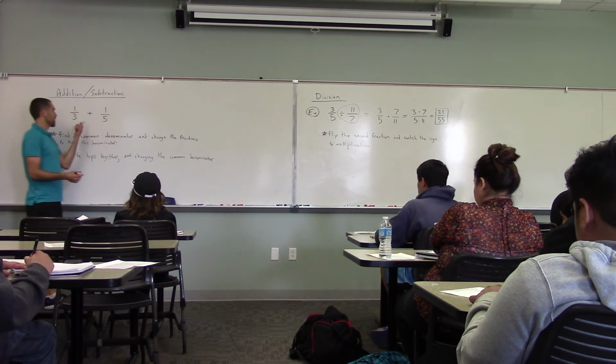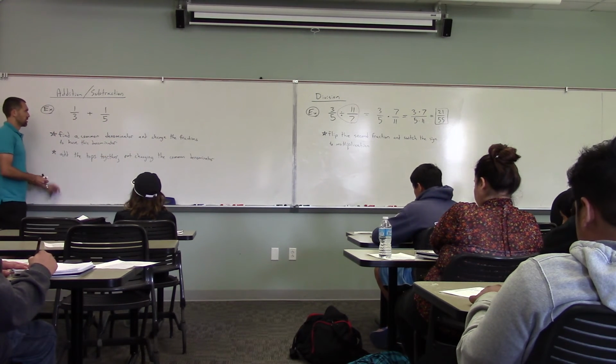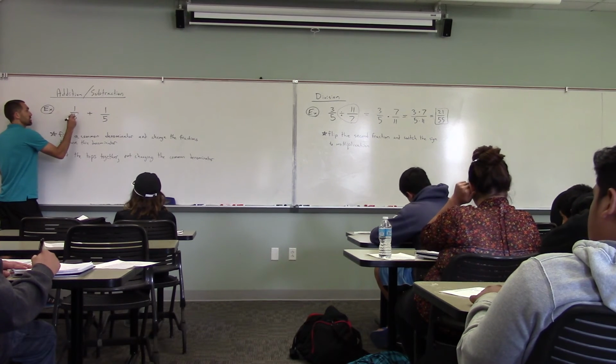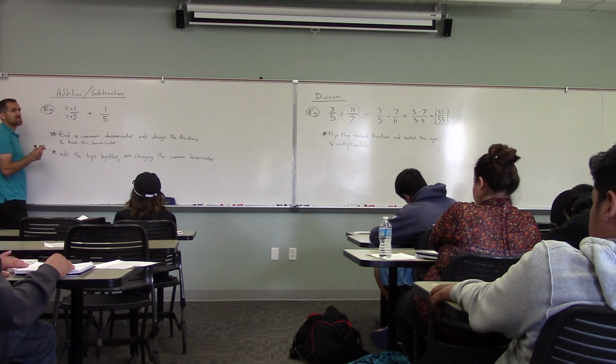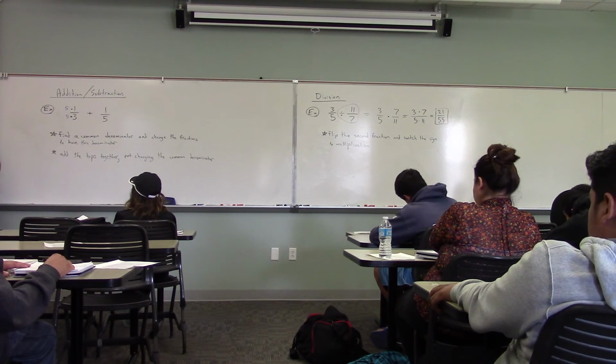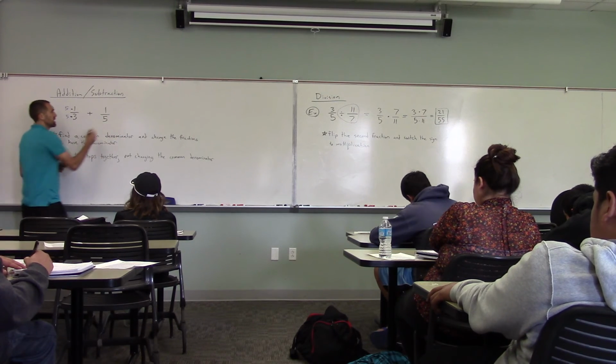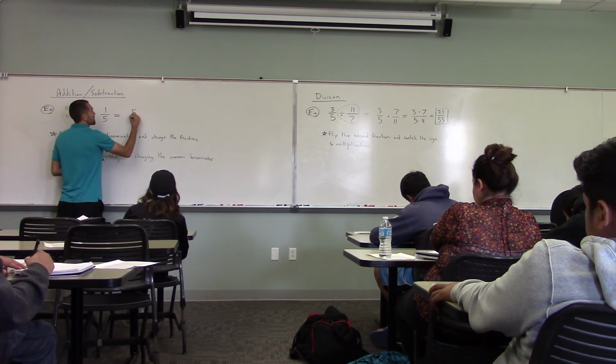Alright, so common denominator here is 15. So I multiply top and bottom by 5. So I'm not actually changing the size of this fraction, the value of this fraction. It's still absolutely 1/3. But now I'm writing 1/3 as 5/15.